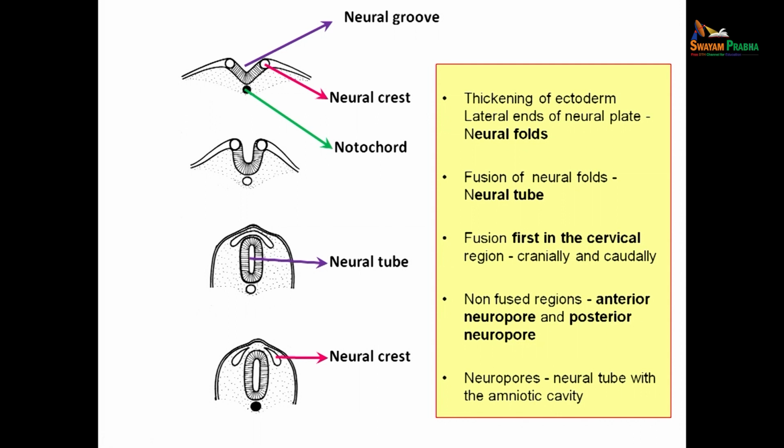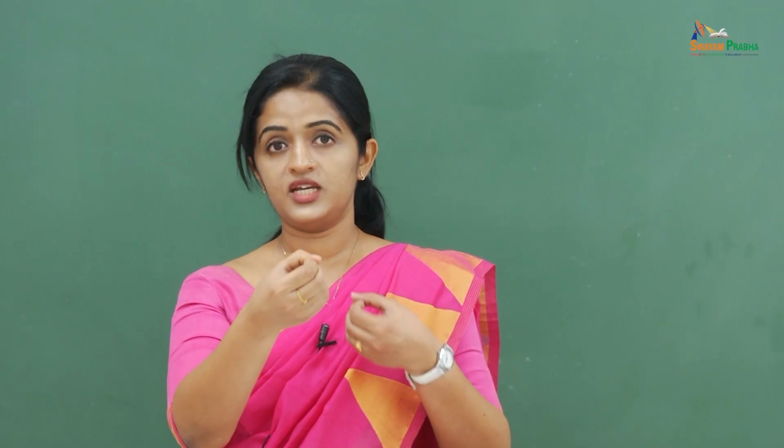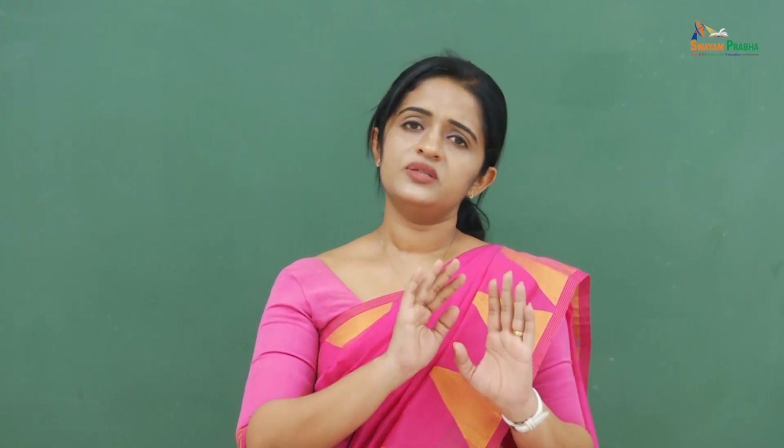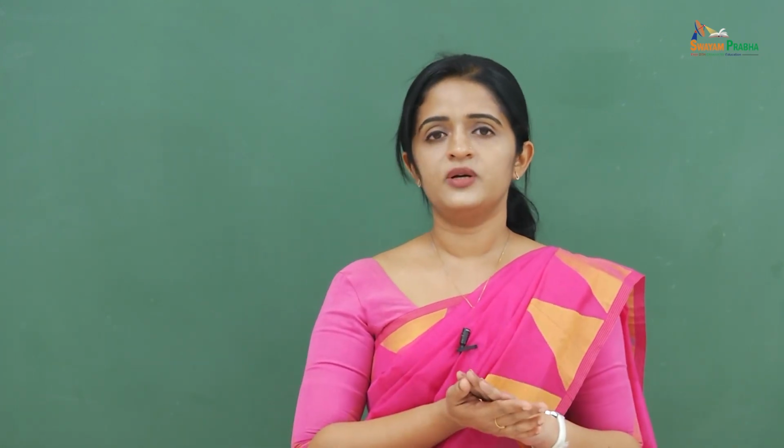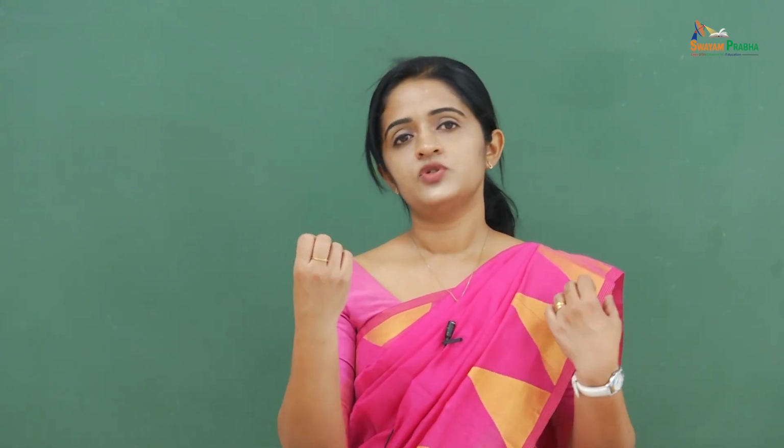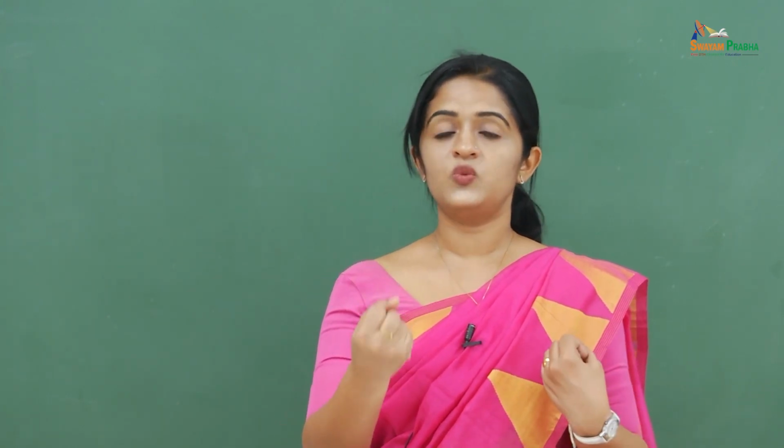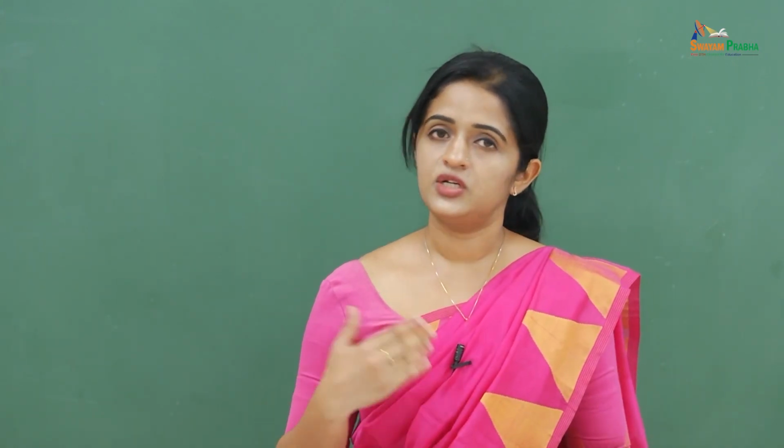So in order to maintain nutrition for the developing embryo, the two ends of the tube are kept open, so that the amniotic fluid enters through the neuropores and nourishes the neural tube. Once this amniotic fluid is used up by the embryo, it is time to close the two ends. That is when the anterior and posterior neuropores will be closing in future.